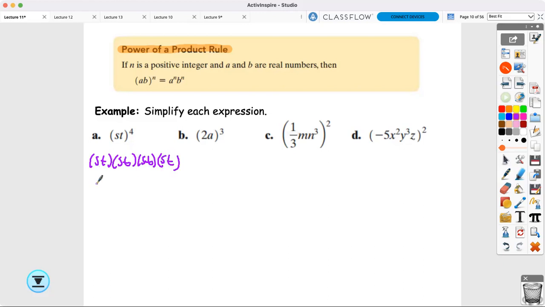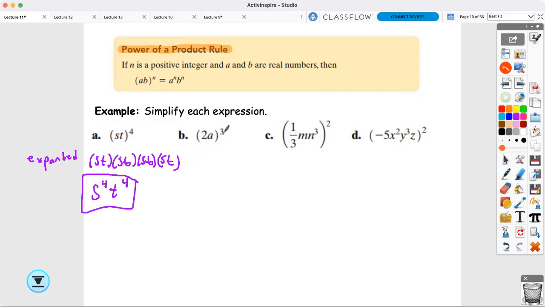How many s's do we see? s to the fourth, and then t to the fourth, which is just distributing that exponent. But I showed you the expanded form. For the other examples, I'm going to just use the distribution part to avoid any confusion, okay?